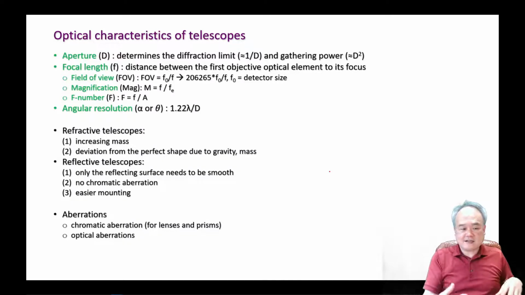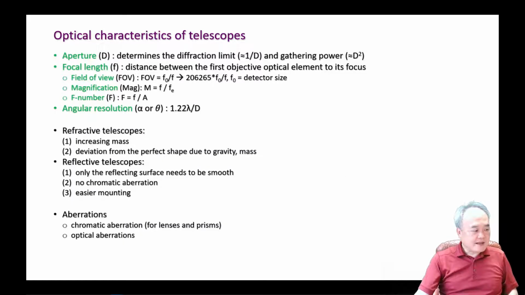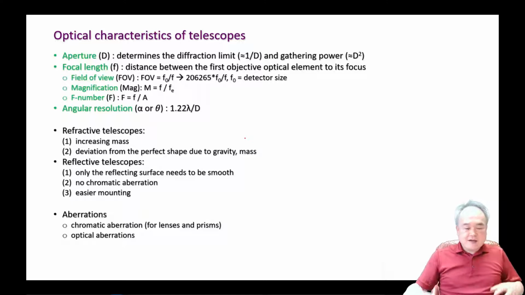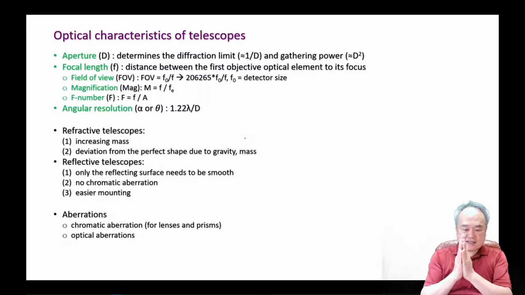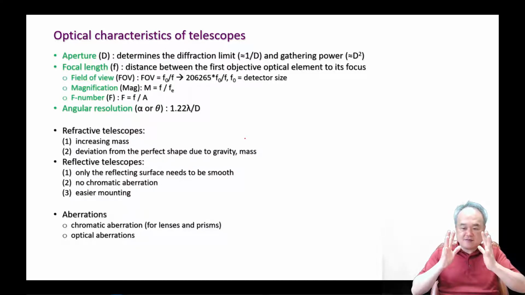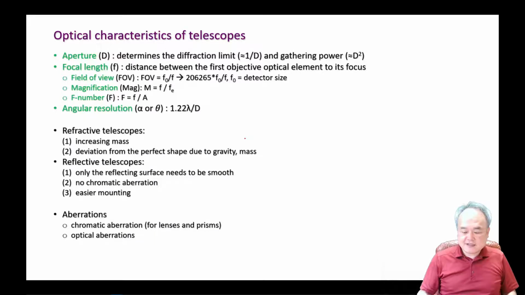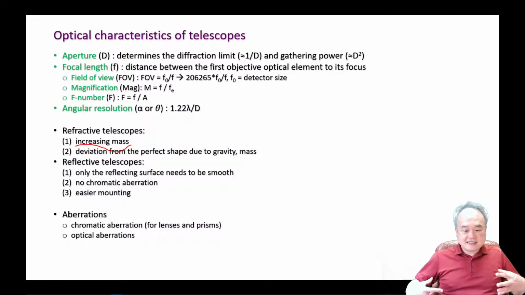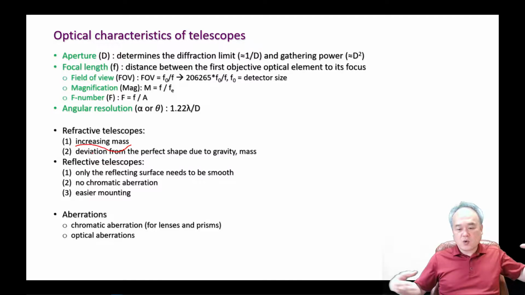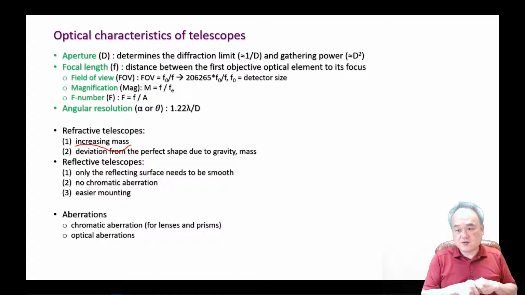Traditionally, the refractive telescope was used first, but when you try to build larger and larger refractive telescopes, the lens gets larger and becomes really heavy, right? So the rapidly increasing mass is the main limiting parameter, and a great challenge for creating really big refractive telescopes. Also, the refractive telescope requires a long tube.